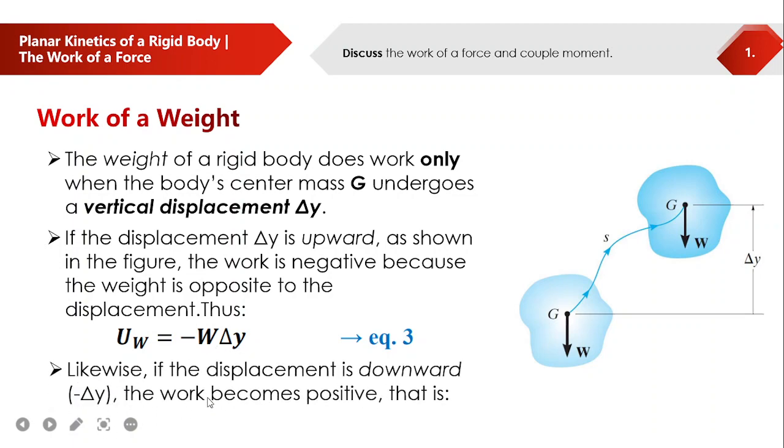Okay? Likewise, if the displacement is downward, then your delta y will be negative. Then the work becomes positive. Again, negative yung work mo if your delta y will be upward, or displacement of the body from this position to this position.